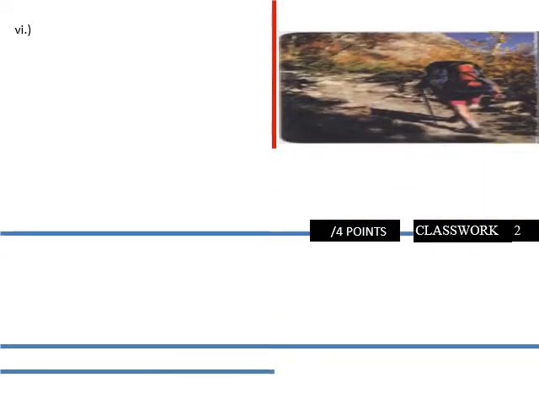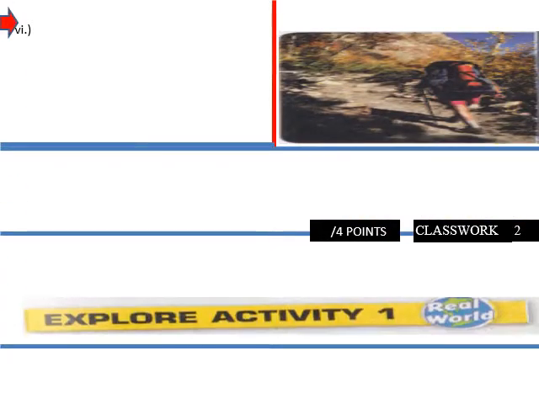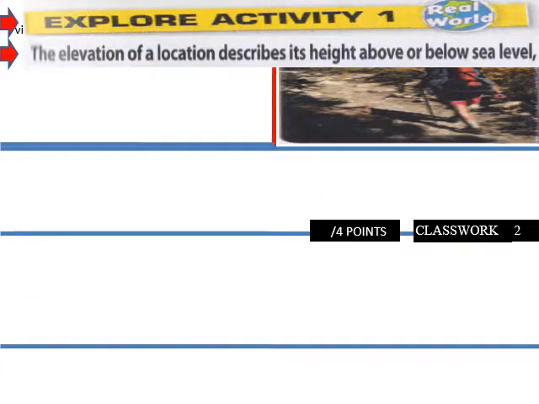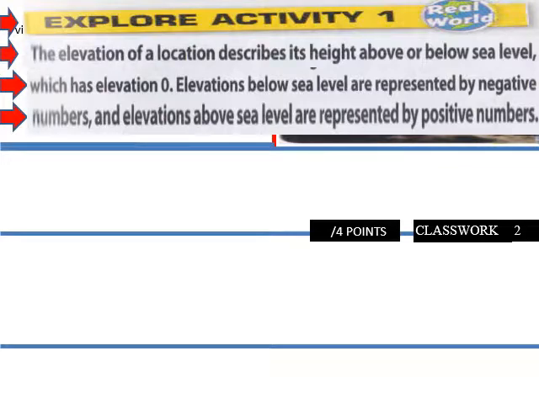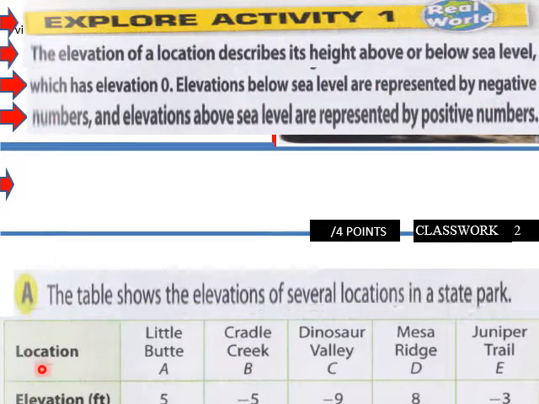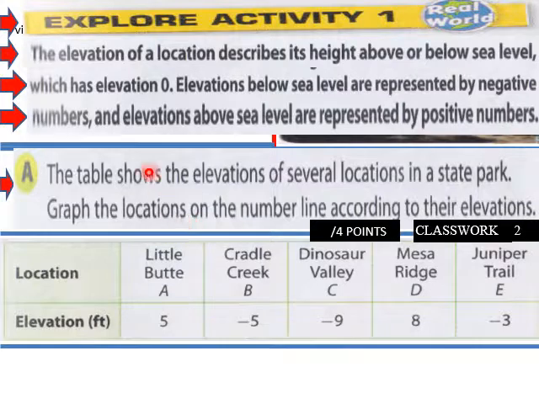So we go into classwork number 2. Explore activity. Elevations of some topographical areas are represented by positive numbers, which are above sea level, and below sea level are represented by negative numbers. Here is a table showing different locations and their elevations in relation to sea level.